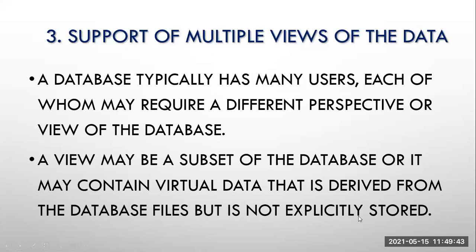What I said, I want to view roll number, name, total, percentage. I can view it, but I cannot store it that way. I cannot store a separate file with roll number, name, total, percentage. No, it is stored as a complete database with roll number, name, marks 1, marks 2, marks 3, marks 4, marks 5 stored together. But what I want to view is not stored explicitly.